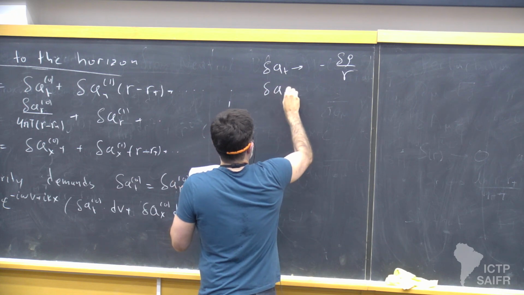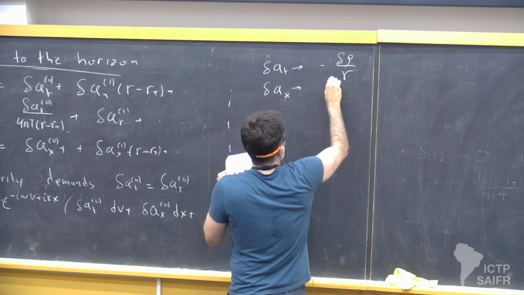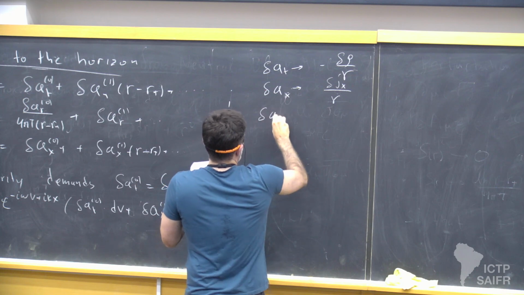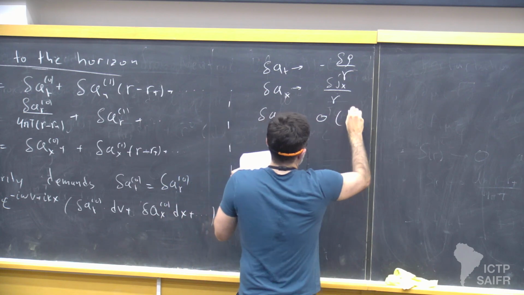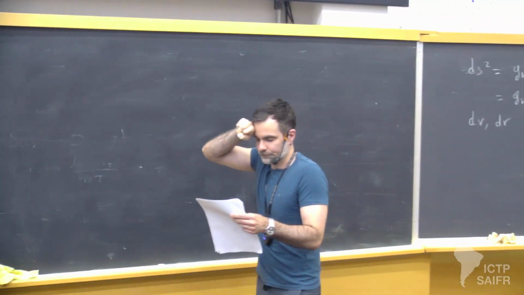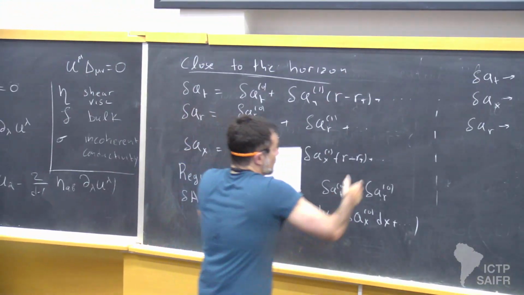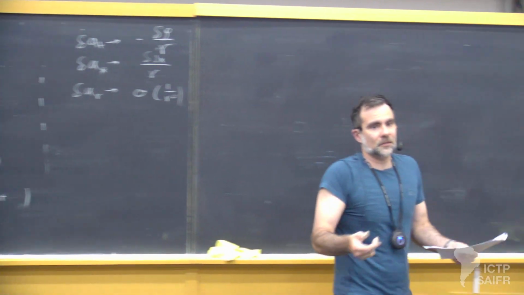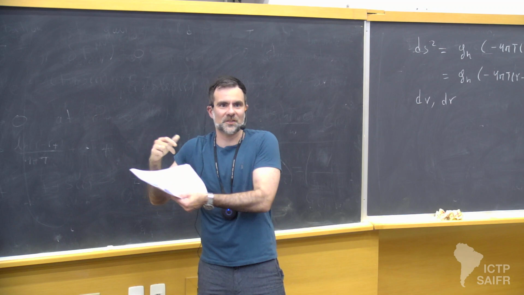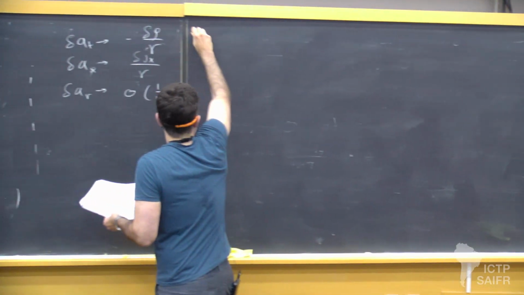Delta A x should go to delta J x, where delta J x is the current, over r, and delta A r should go to something that decays really fast. Okay, this is for a general perturbation, right?